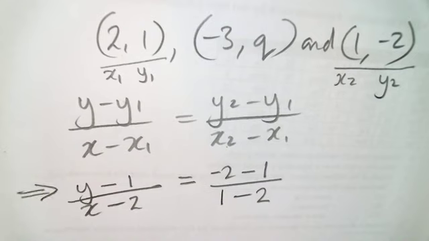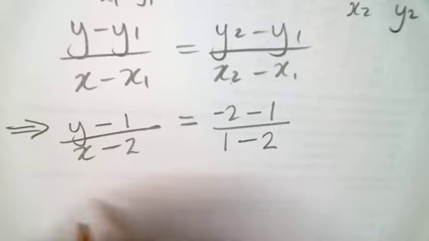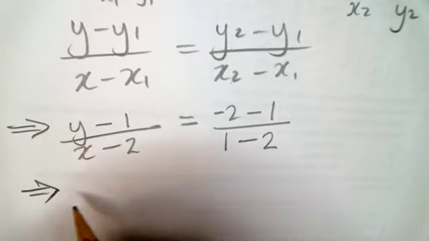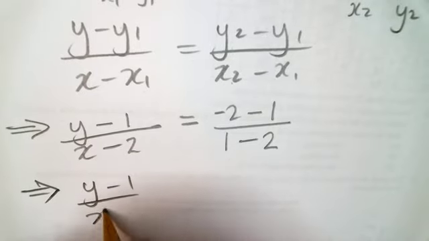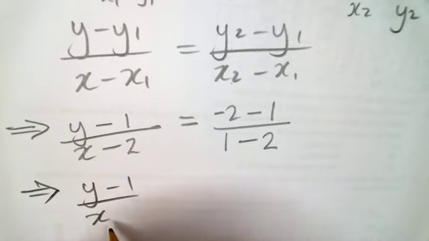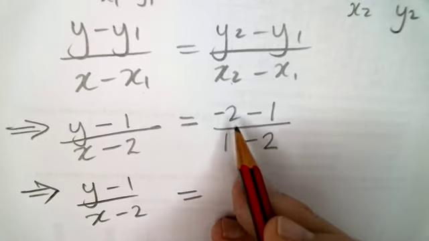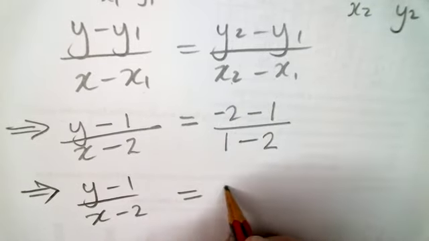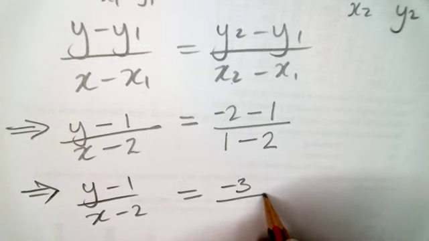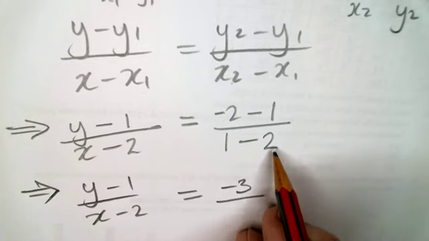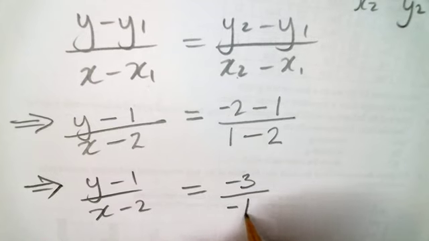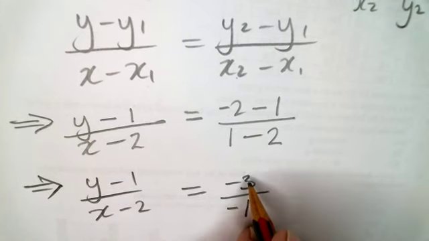And that is the information we're given. Now let's simplify the right-hand side. So (y minus 1) over (x minus 2) is equal to -2 and another -1 would be -3, over 1 minus 2, which is -1. So essentially this is just going to be 3.